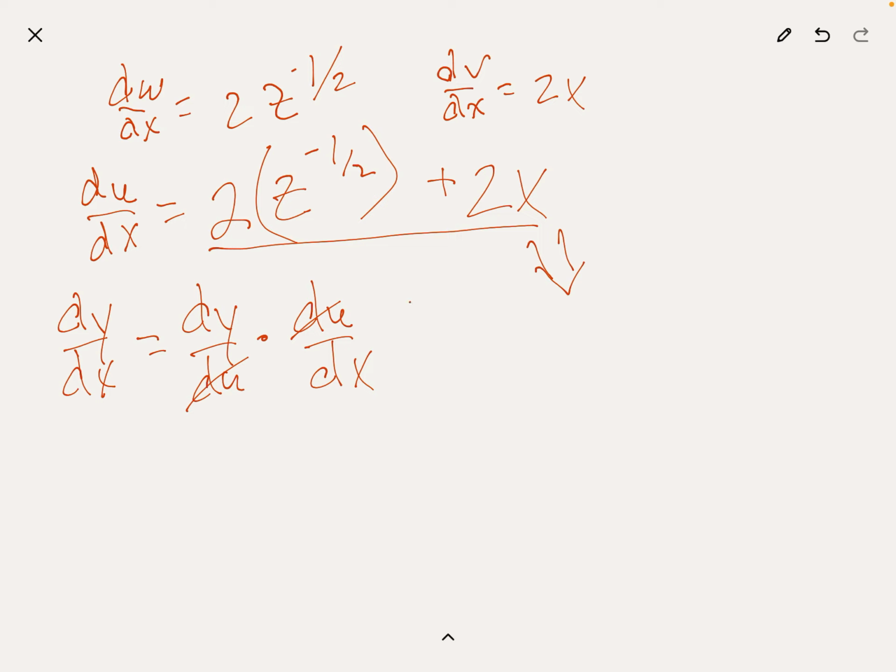I'm going back to the previous page here. If you look back, you'll see dy/du is 1/2 u to the negative 1/2. And so we're going to multiply that times 2z to the negative 1/2 plus 2x.